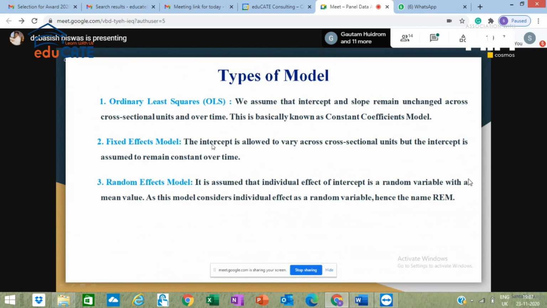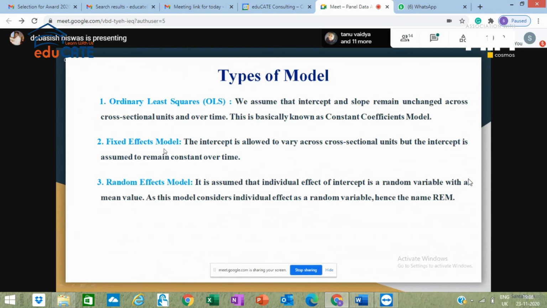So why the intercept is changing? The intercept is changing due to the change of the cross-sectional unit, because all cross-sectional units are heterogeneous in character in reality. All the cross-sectional units are not homogeneous in nature in reality. But this intercept is not changing due to the change of time.